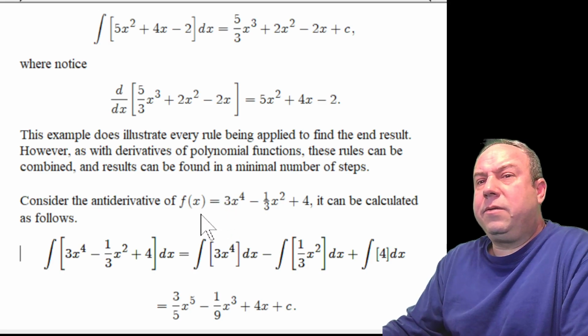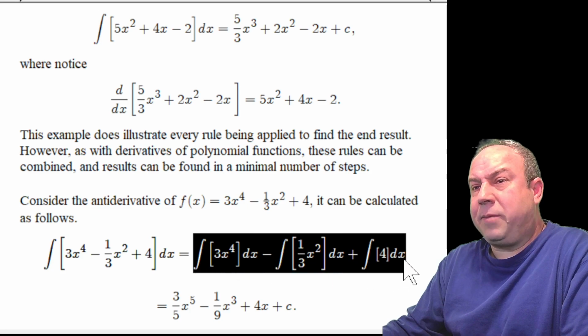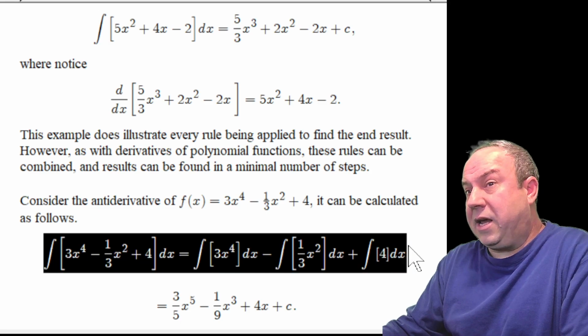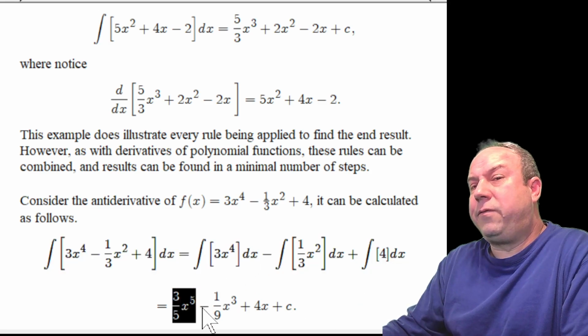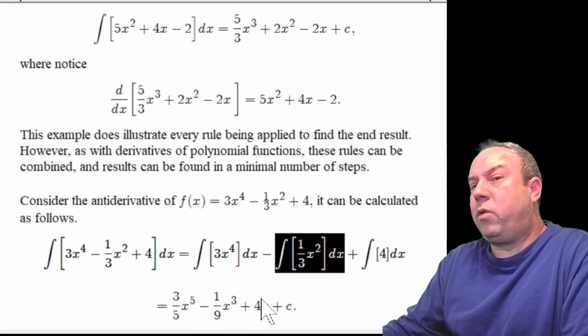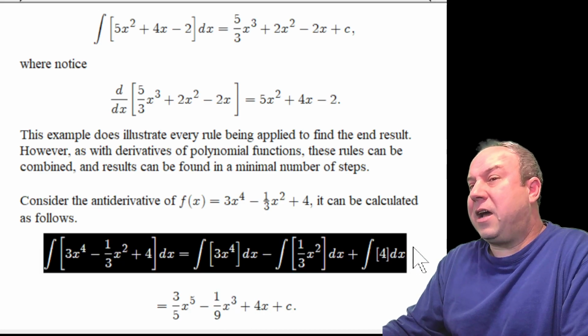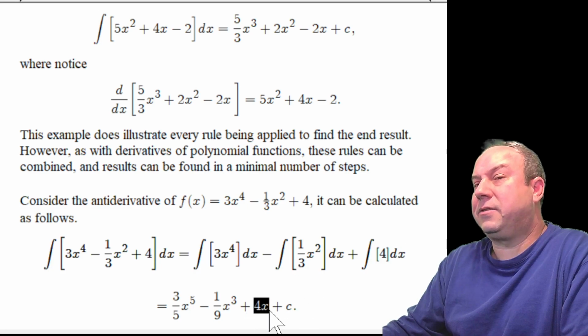Noting that that antiderivative operator would just distribute itself across the sum and the difference, being left with these 3 antiderivative operations. We know the antiderivative of 3x to the 4th yields 3/5 x to the 5th. The antiderivative of 1/3 x squared is going to yield 1/9 x cubed, and the antiderivative of 4 with respect to x is going to yield the value of 4x.